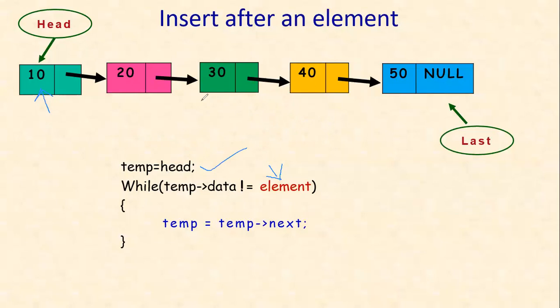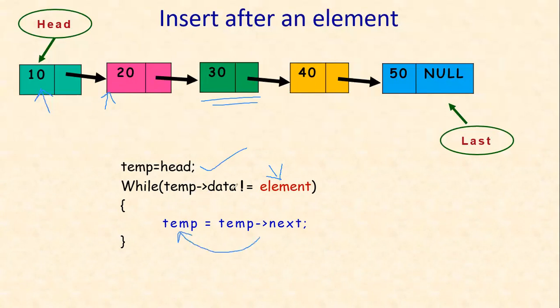I already told you I want to insert after 30, so 10 is not equal to 30, right? Then the condition is true, so we get into the loop, and temp is equal to temp next. So temp next means the address of the next node, and that value is assigned to temp.